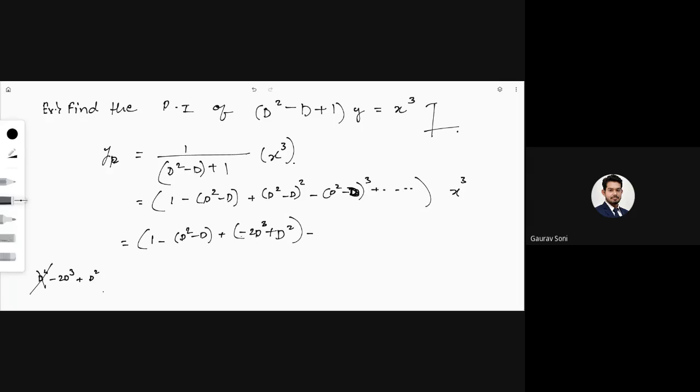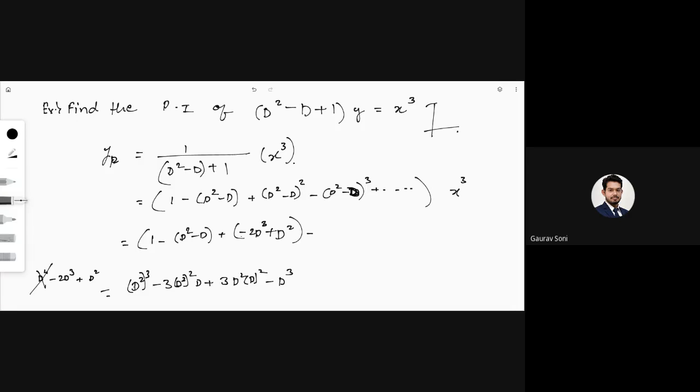We have seen that a minus b cube. So D square cube will be the first term, minus 3 D square square into D plus 3 D square as it is, and D square and minus D cube. I hope expansion is clear.